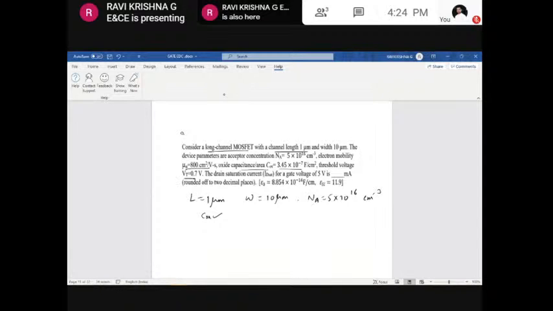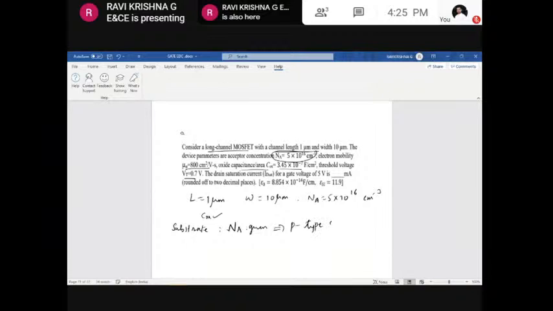So for this long channel MOSFET, Na is given, which means the substrate is of p-type. So this implies it is a p-type substrate.